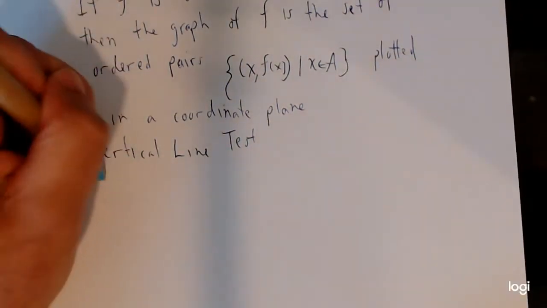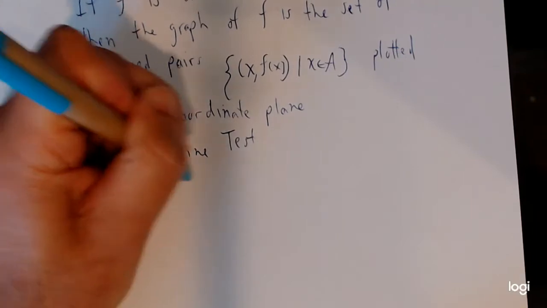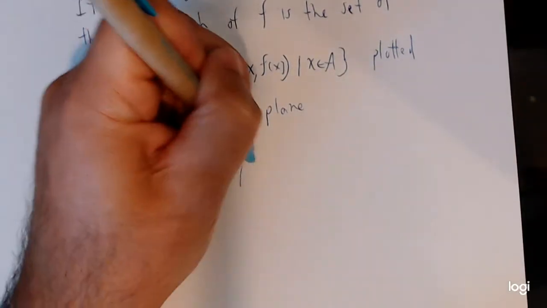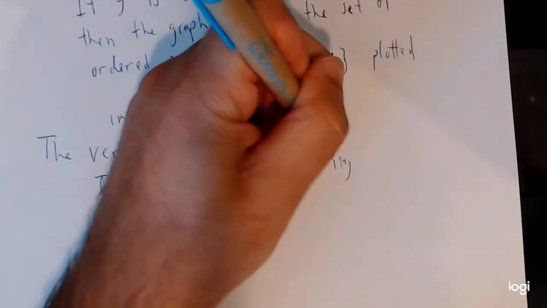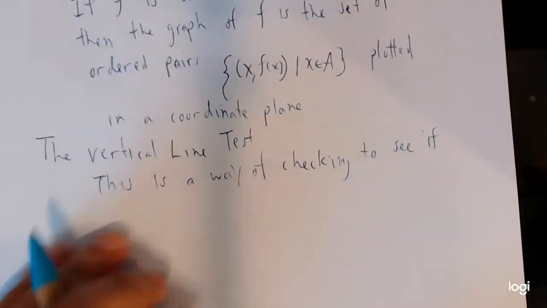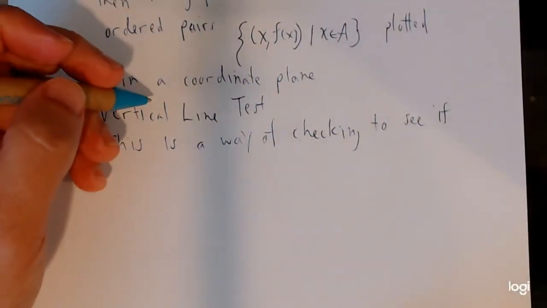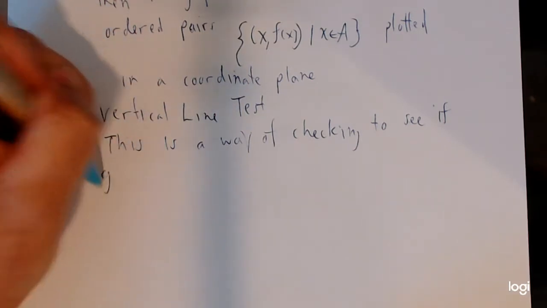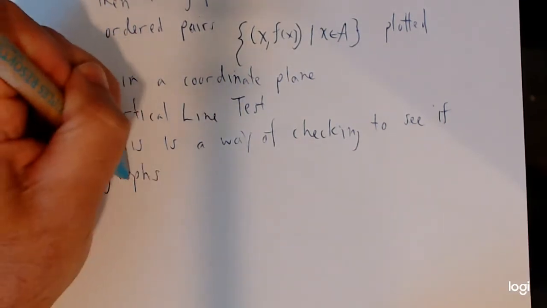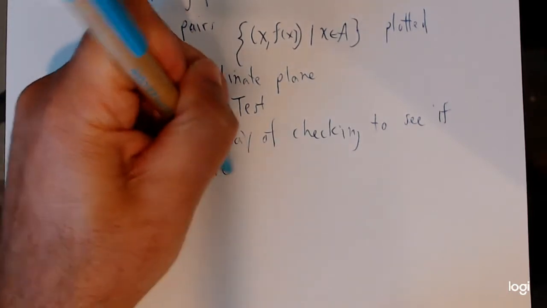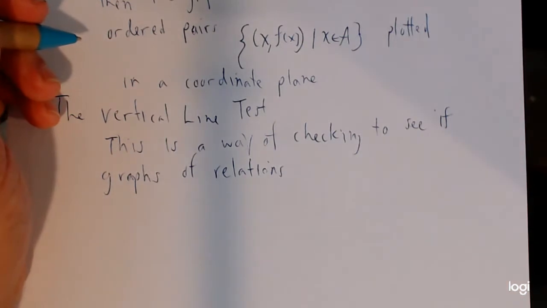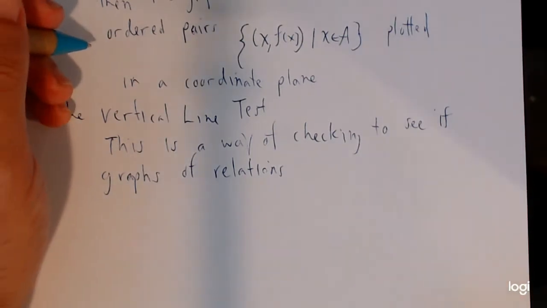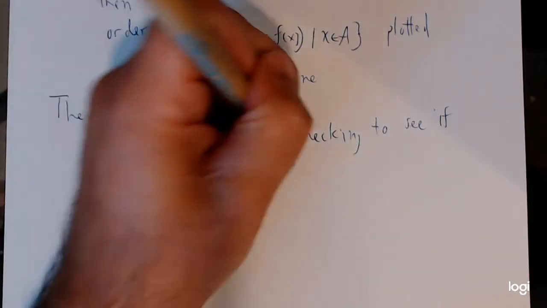So we would say that this is a way of checking to see if graphs of relations are functions.